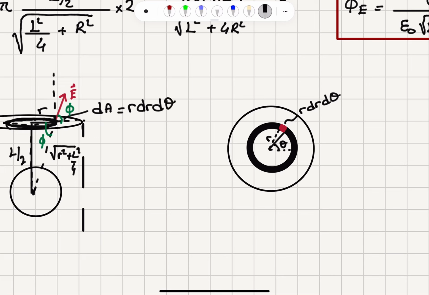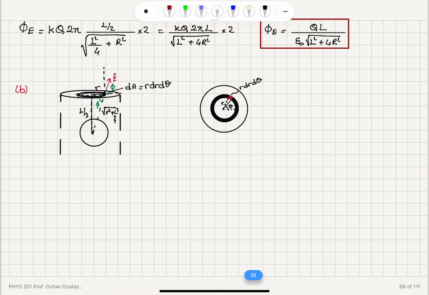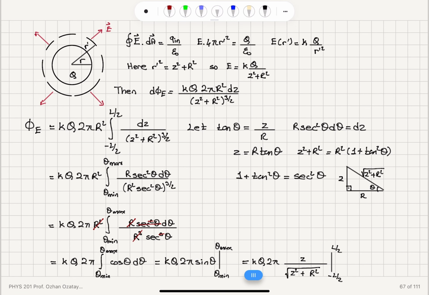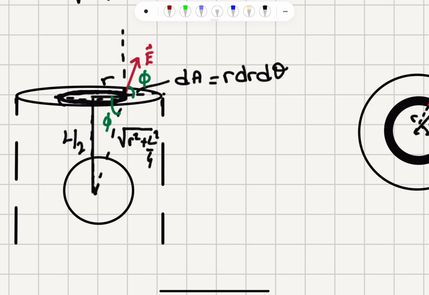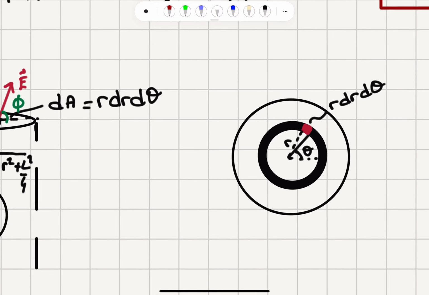And the electric field created by this sphere, which is uniformly charged to charge plus q, we have found in part A using Gauss's law to be kq over r prime square, where r prime is the radial distance from the center. Now this r prime is, for this purpose, square root of r square plus L square over 4.